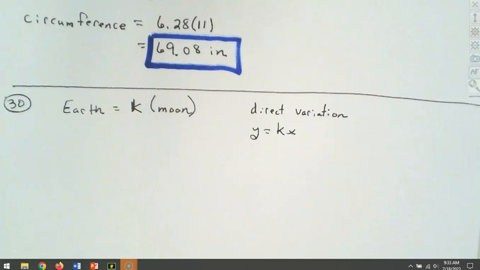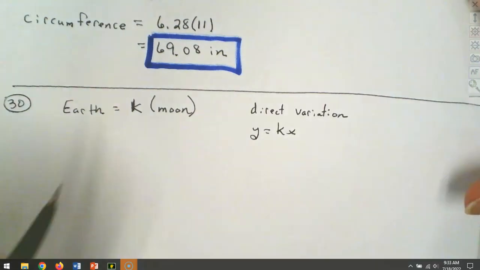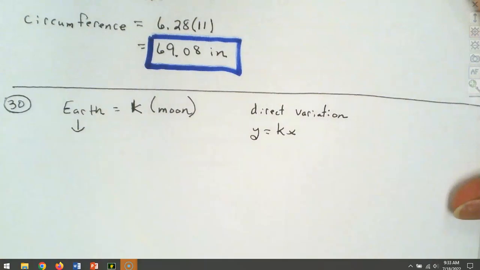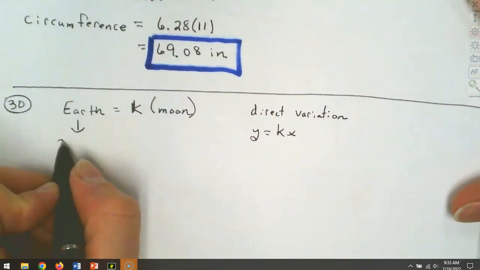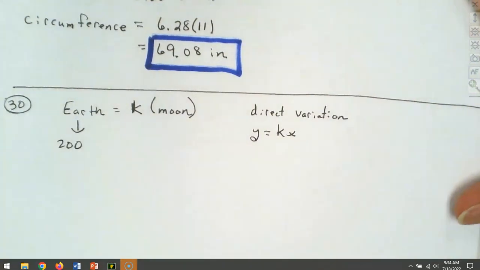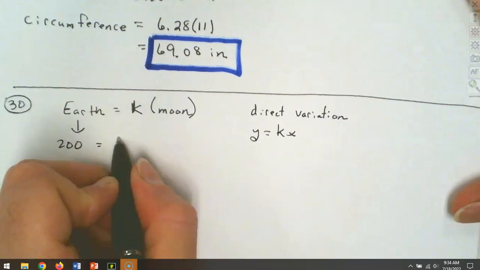A 200-pound astronaut would weigh 32 pounds on the moon. So what does the astronaut weigh on the Earth? On the Earth, the astronaut weighs 200 pounds. We don't know our K, we have to find it.